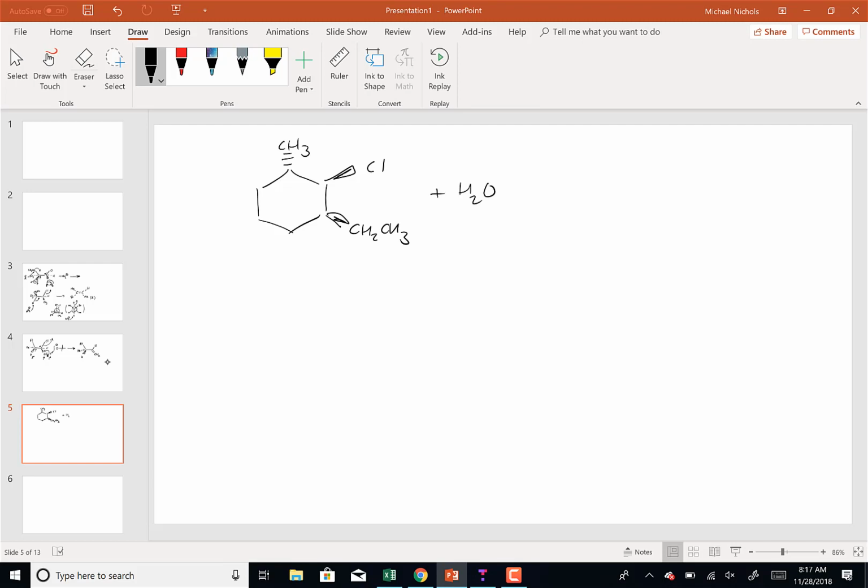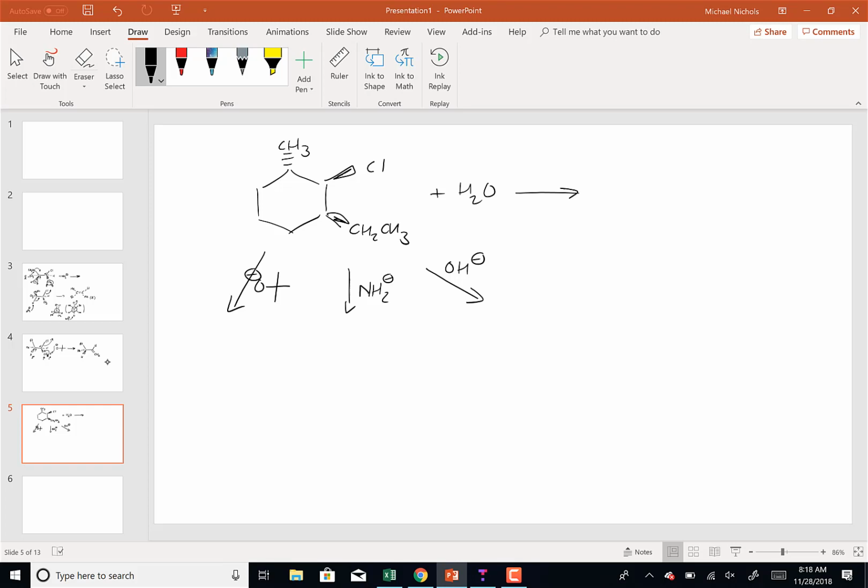Let's say I add water, could be one reaction. Hydroxide could be a second one. NH2 minus could be a third one. And tertiary butoxide could be a fourth one. Well, that's good. That's one molecule, four problems. That's pretty efficient.